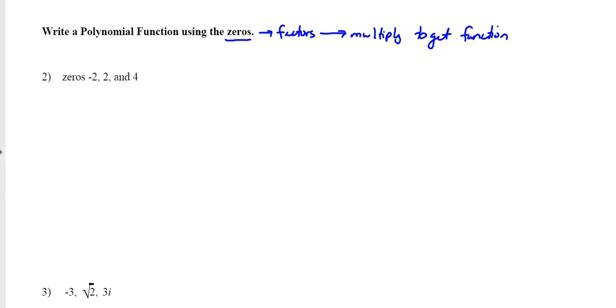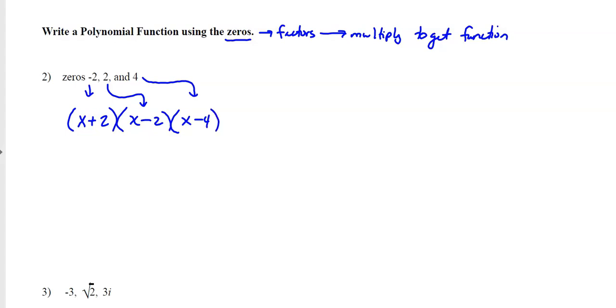That's the flow chart. So remember, if I have a zero of -2, that means I have a factor of x plus 2, because that's when that parenthesis would be 0. Then x minus 2 would be his, and then x minus 4 would be the positive 4 zero. So those are my factors.